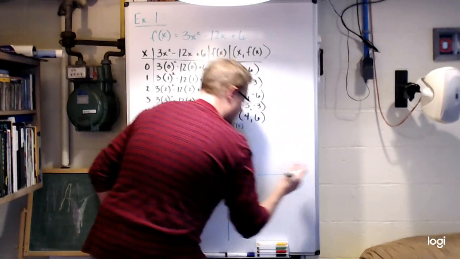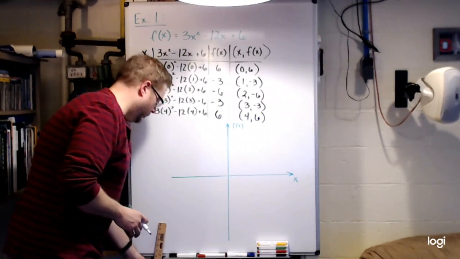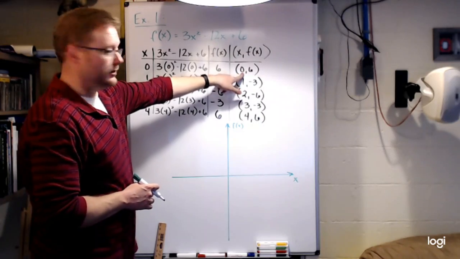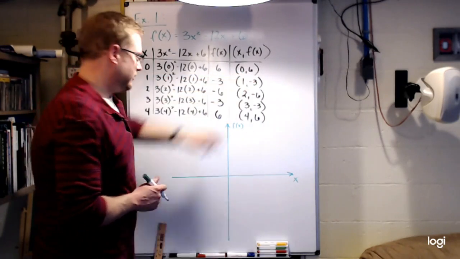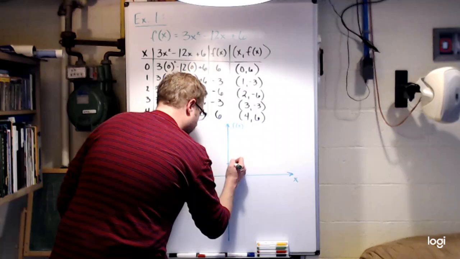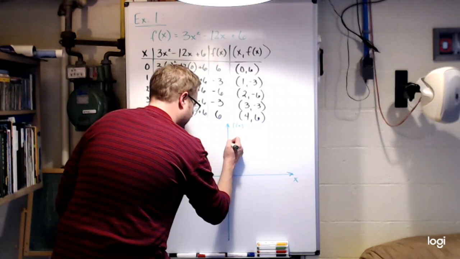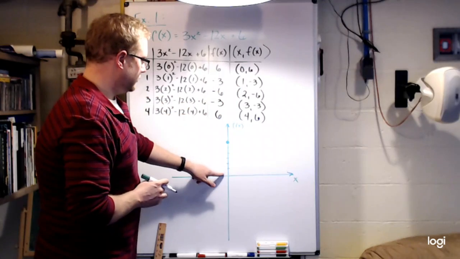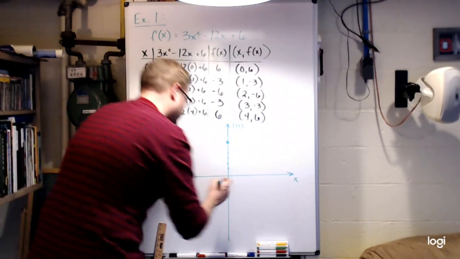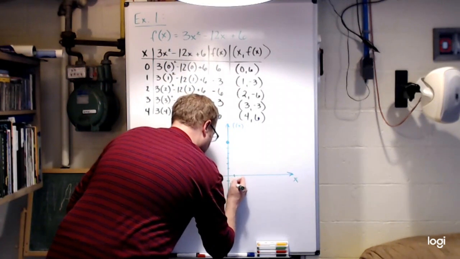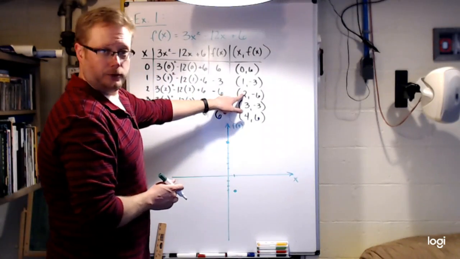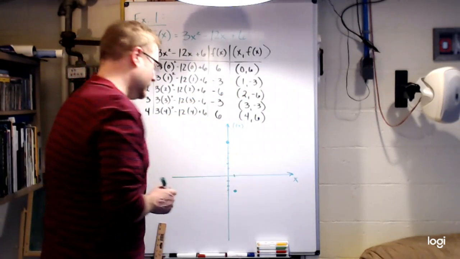X is right here. And I'm just going to plot these points like I normally would, like any coordinates. So 0, 6, neither left nor right, but up 6. So 1, 2, 3, 4, 5, 6. 1, negative 3, so forward 1, down 3. Forward 1, down 1, 2, 3. 2, negative 6, so forward 2, down 6.